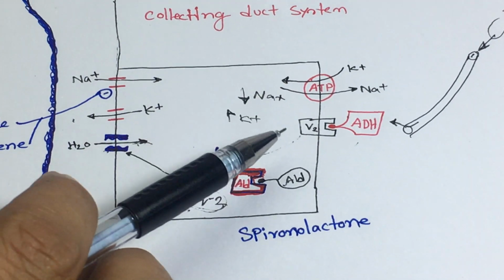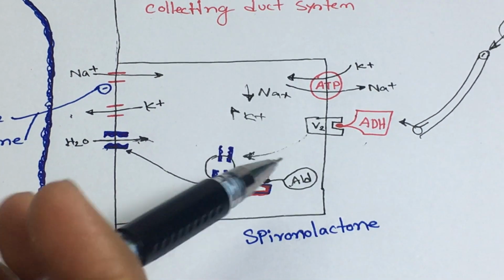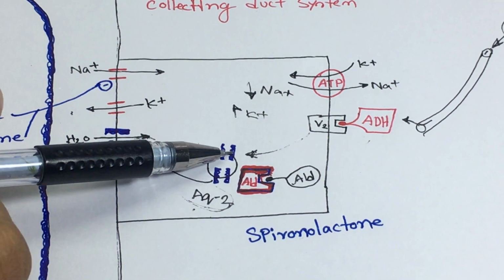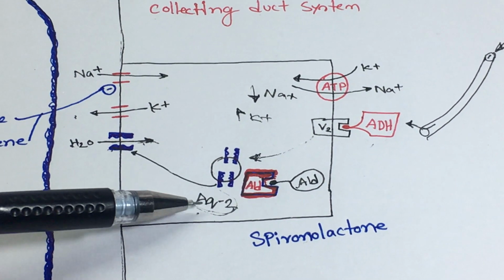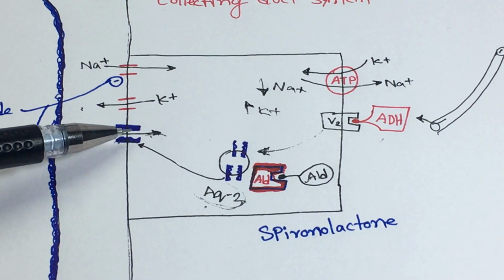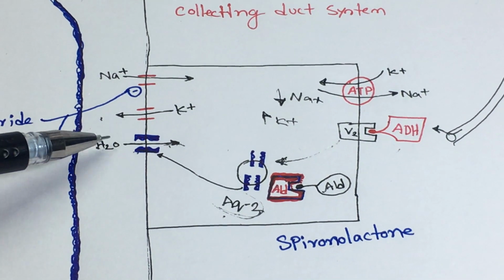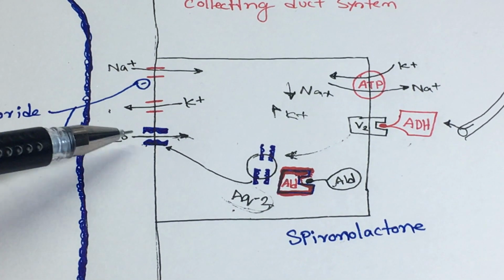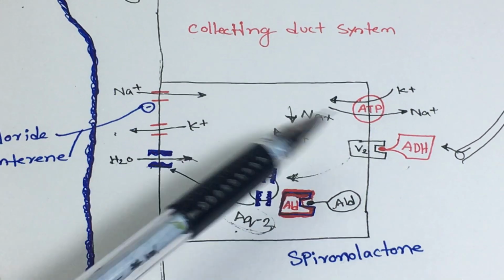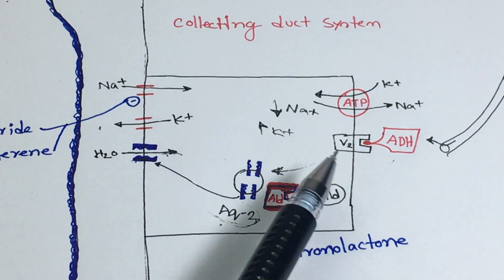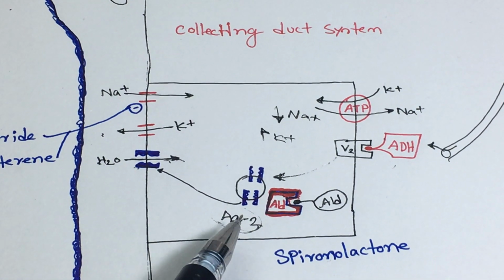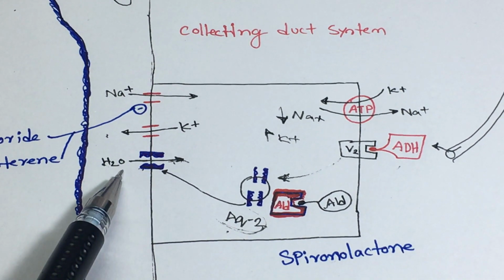So this is the V2 receptor. When ADH works on this V2 receptor, from this cell we have aquaporin 2, which is the water channel. This aquaporin 2 will attach on this luminal area. By using this aquaporin 2, water can be reabsorbed. If we don't have this ADH, or if our V2 receptor is not working, we can't bring this aquaporin 2 to the luminal area.